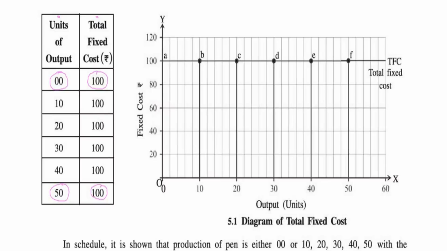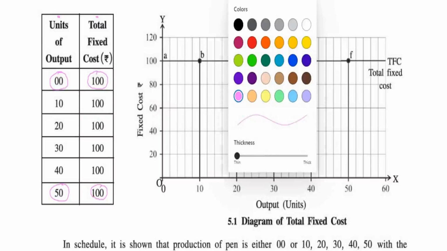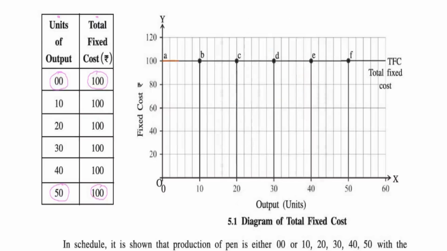When the production has become 50, cost is still 100. If I plot this graph, you see at production 0 it is 100, at production 10 it is 100, at production 20 100, 30 100.